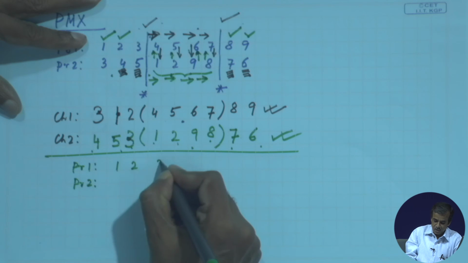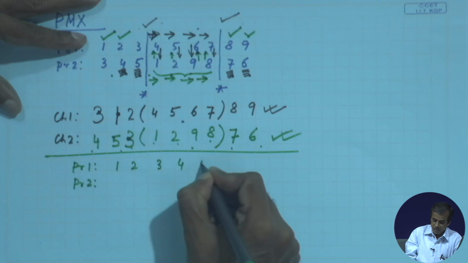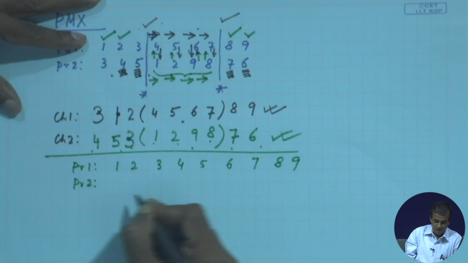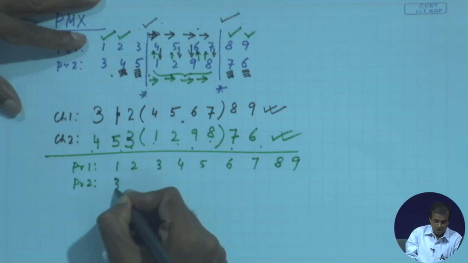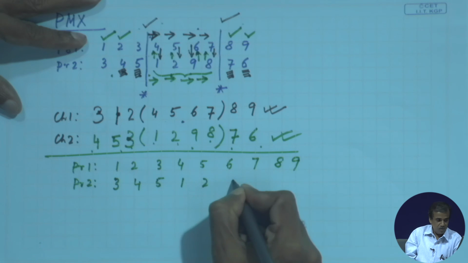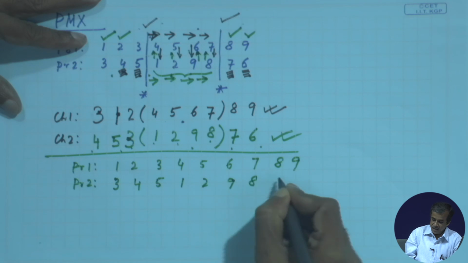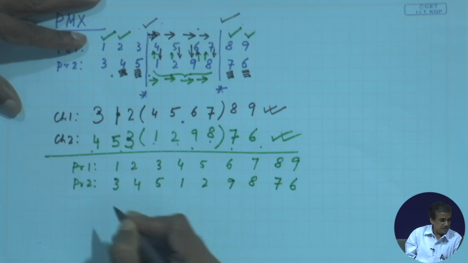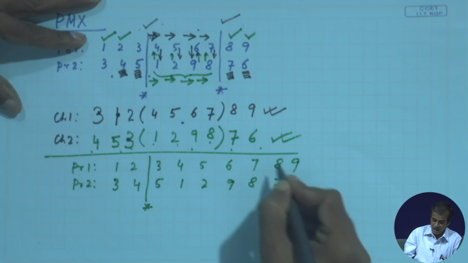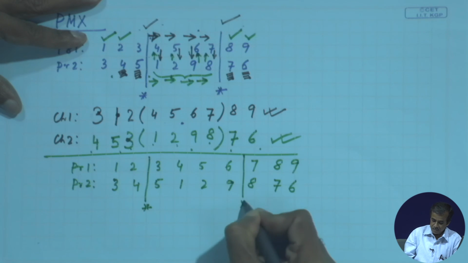For example, say parent 1 is 1, 2, 3, 4, 5, 6, 7, 8, 9 and parent 2 is 3, 4, 5, 1, 2, 9, 8, 7, 6. The crossover sites are here and here.